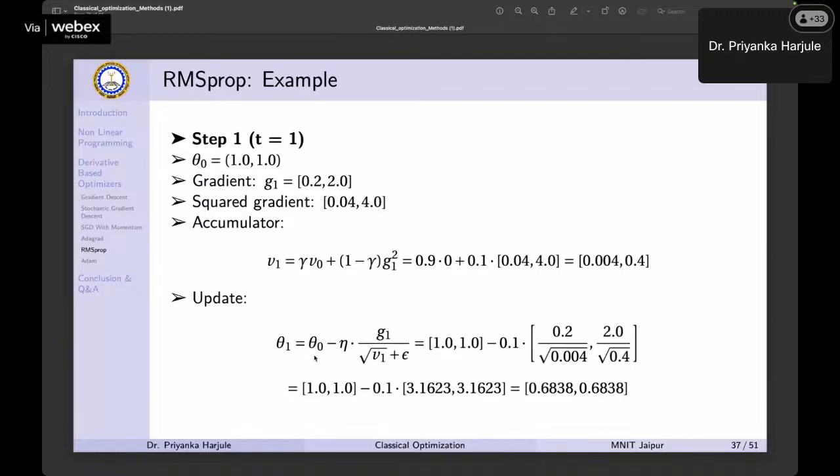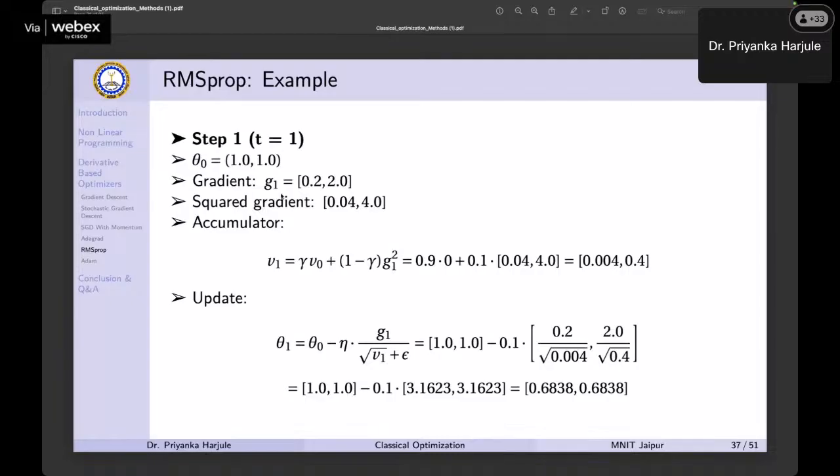The next step is to use the update rule. That is theta naught minus the learning rate times g1 divided by root of v1 plus epsilon. Theta naught we have assumed to be 1, 1. That is where we are starting, to find the next point. Eta we have assumed to be 0.1, that is the assumed learning rate here, which is a hyperparameter.